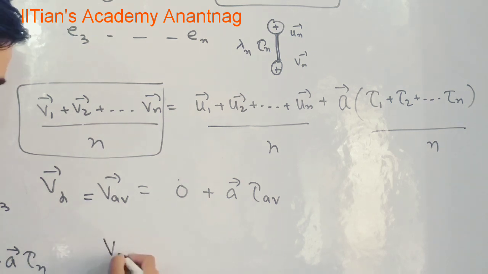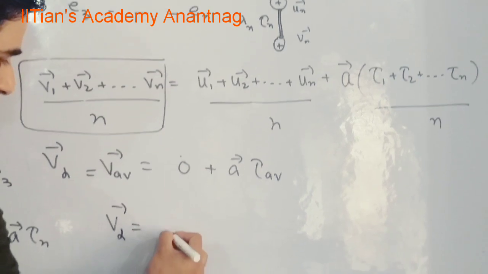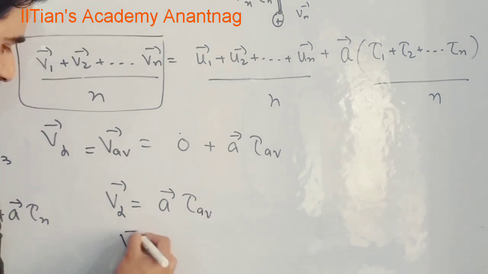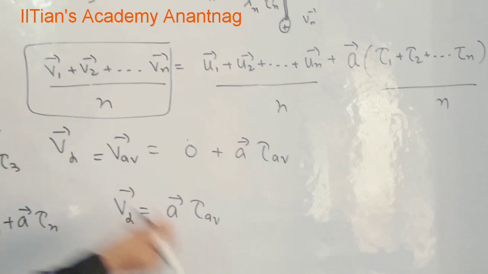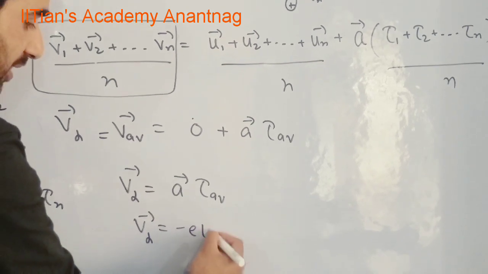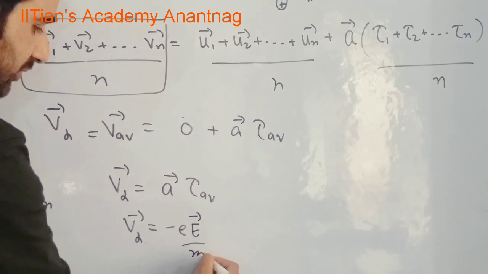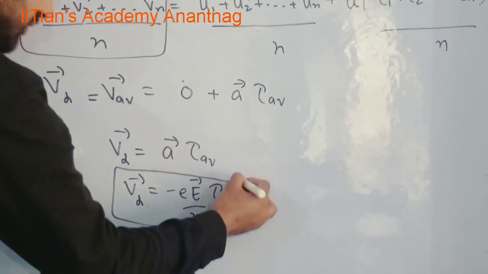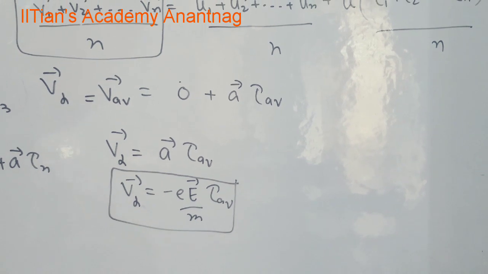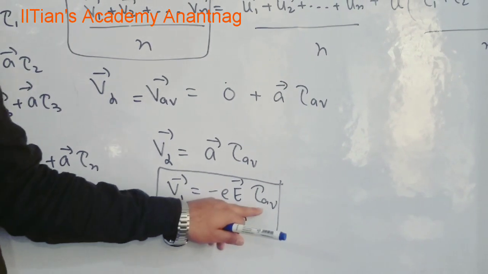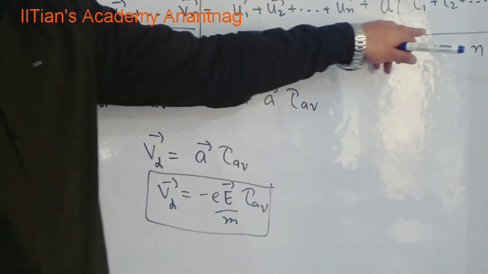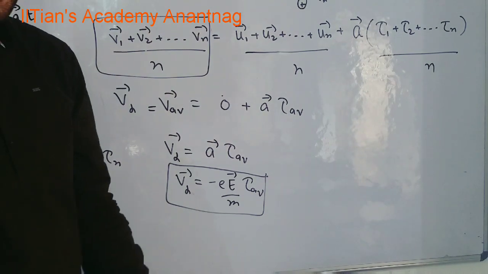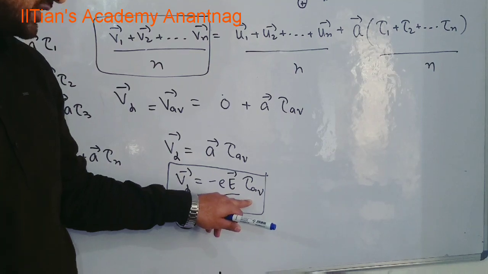So it is clear that drift velocity is equal to a times tau average, and we know that acceleration can be given by minus e by m. So this is the expression for drift velocity in a conductor having n electrons, where tau average is the average relaxation time, because the relaxation time of each electron is different. That is why I need to take the average relaxation time.